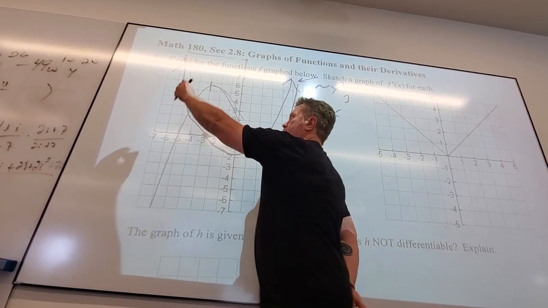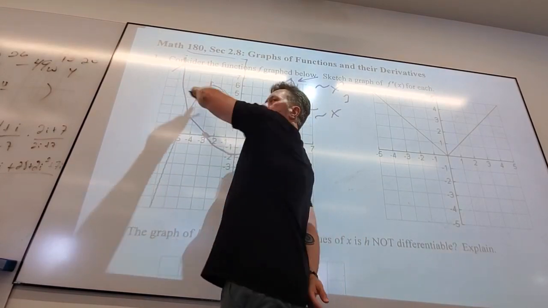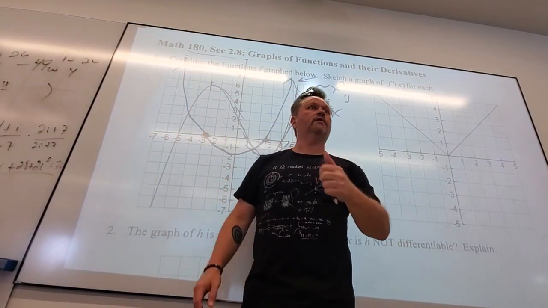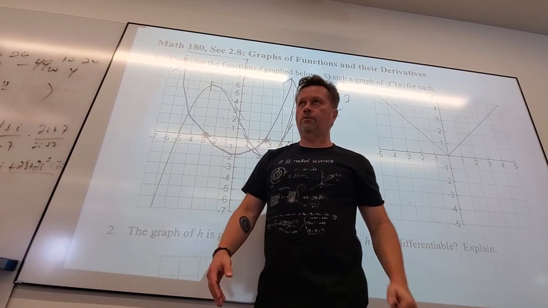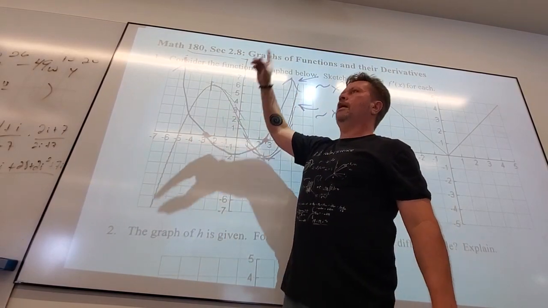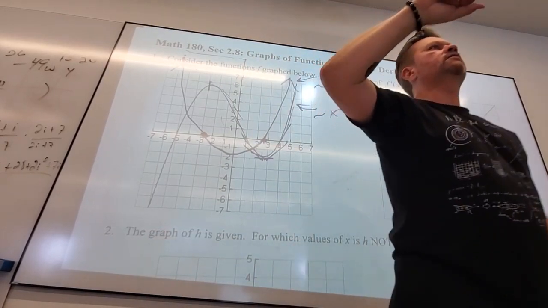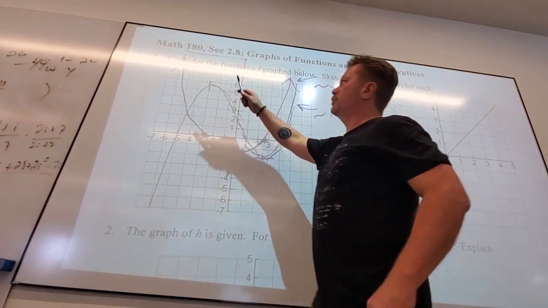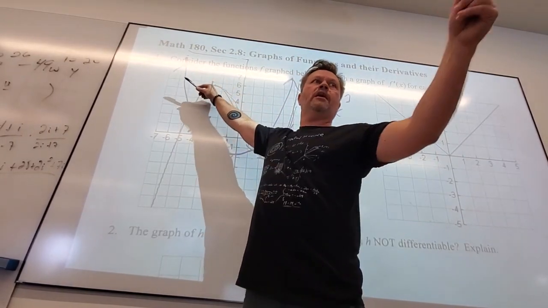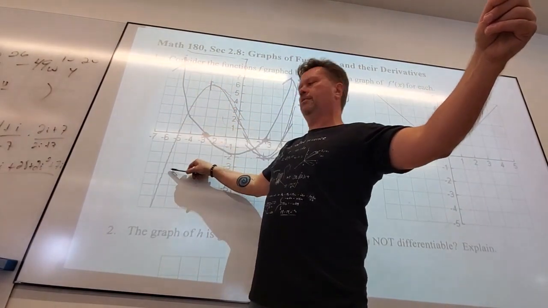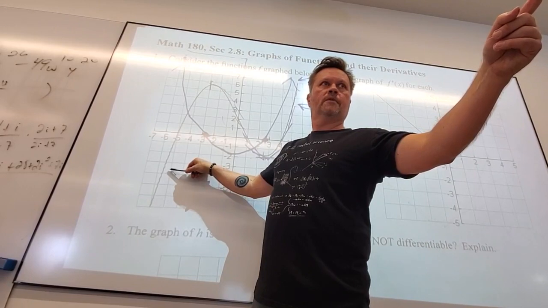Do you agree that the point I graphed here is positive? The output is positive, because of the y value. Totally. So f prime of x, what do the outputs represent? What does prime mean? Slope. Therefore, if I'm trying to graph f prime, the outputs better be the slope at that point.